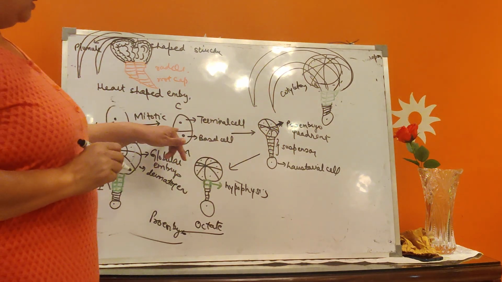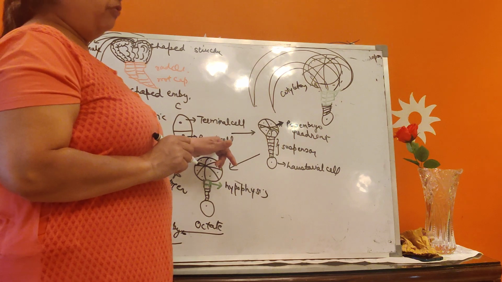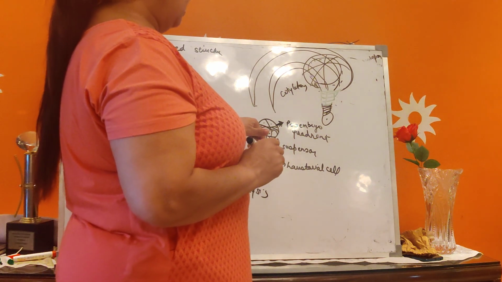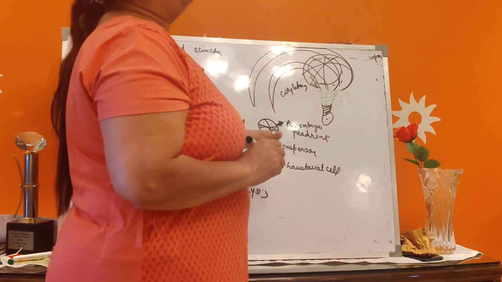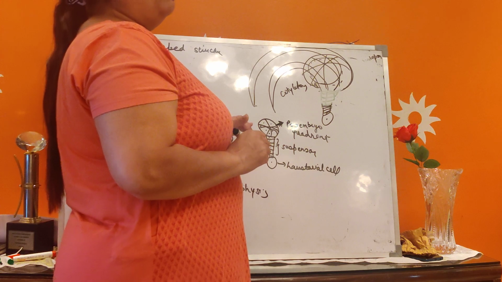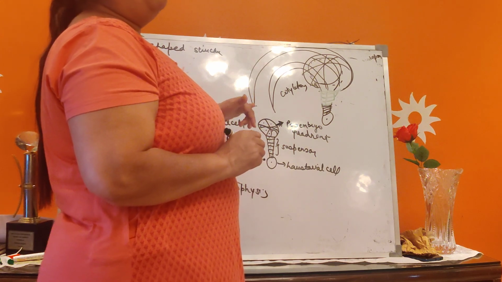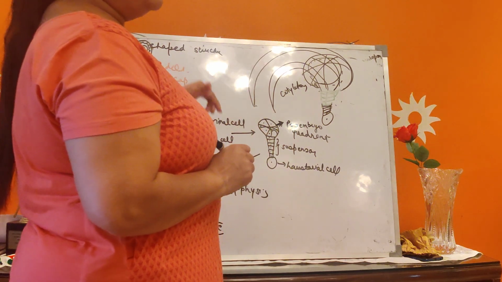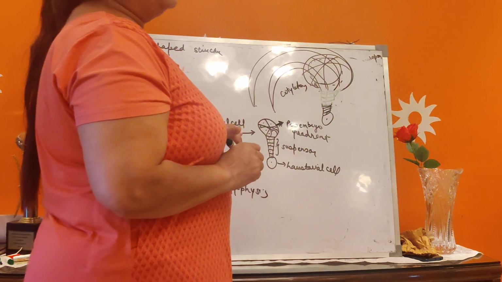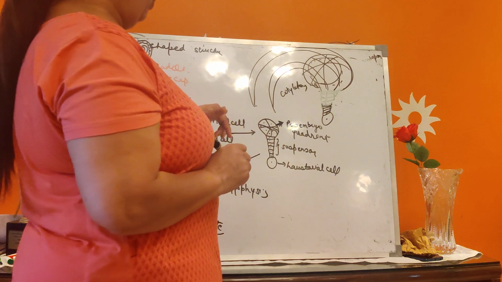Now, once this function of basal cell is over, the function of terminal cells comes. It undergoes mitotic divisions. First it forms 2 cells, then 4 cells, then 8 cells. 4 cells is called what? Quadrant proembryo, and 8 cell is called what? Octet proembryo.